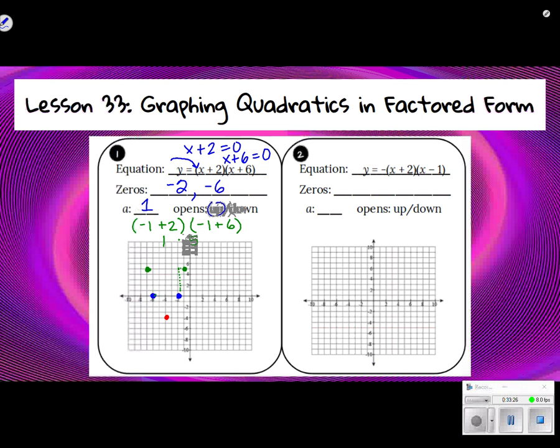And then once I have 5 points, I can try to connect them. Trying to get them connected. So there is my parabola, my quadratic, and it's got the x-intercepts right where I can see them, at -2 and -6.